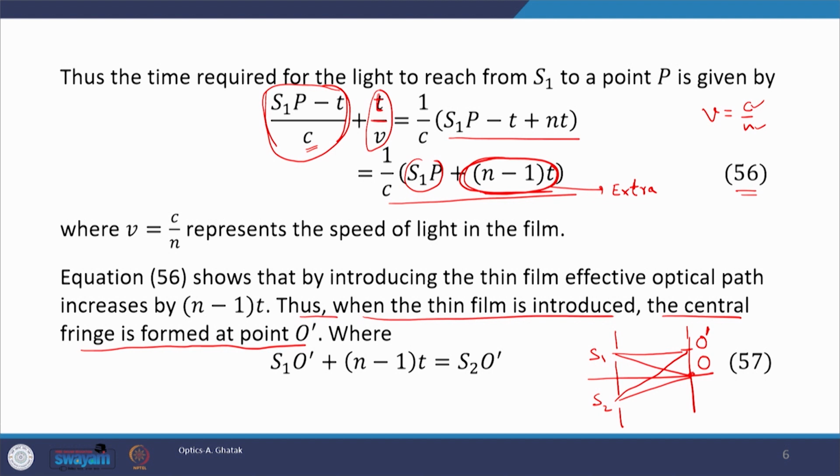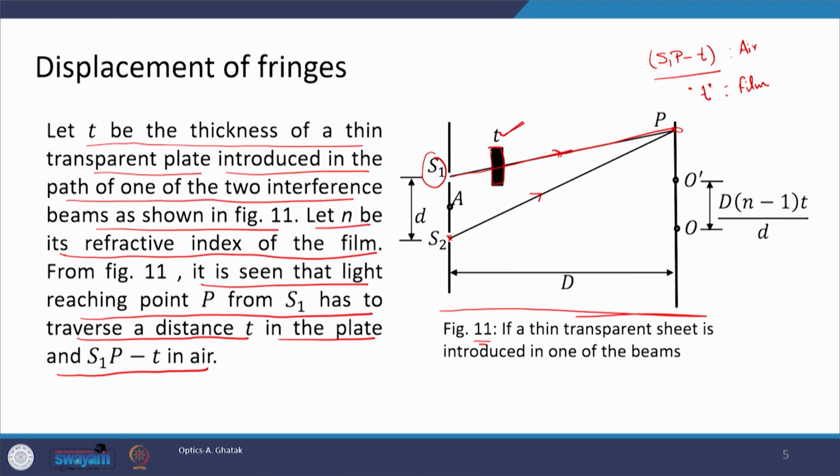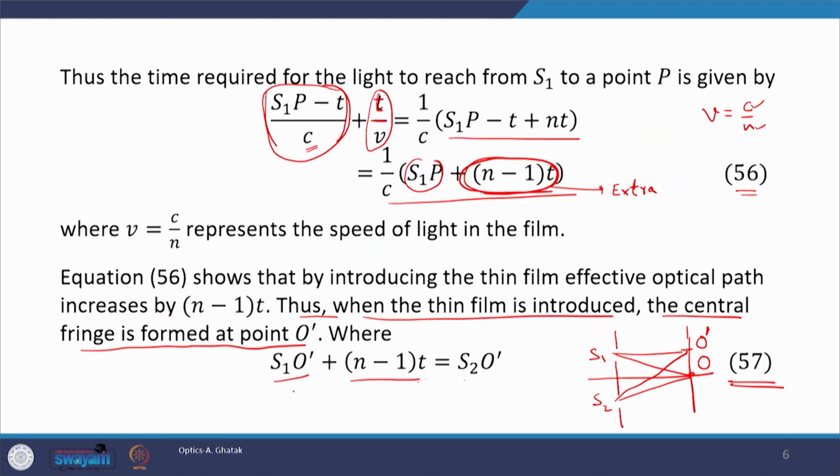This can be represented by equation number 57, which says S1O prime plus (n minus 1) into T, the extra path, is equal to S2O prime. Under this condition, S2O prime minus S1O prime is equal to (n minus 1) into T. The path difference is equal to the extra path.